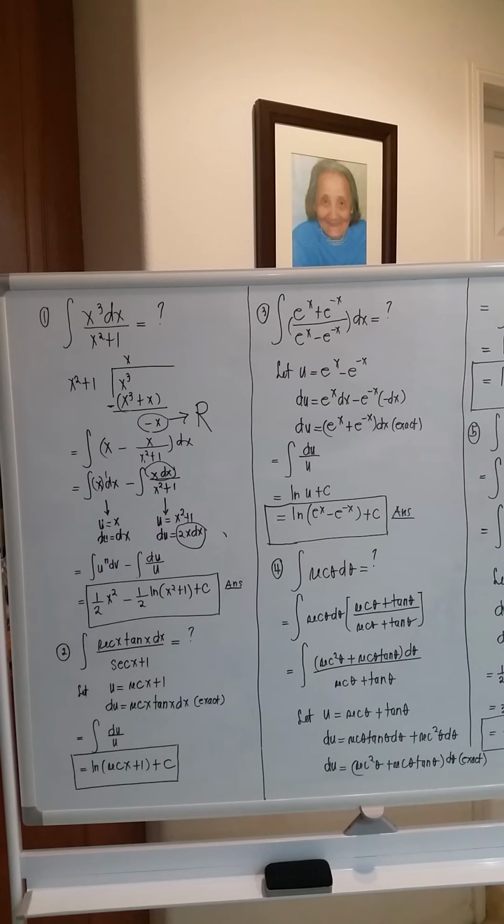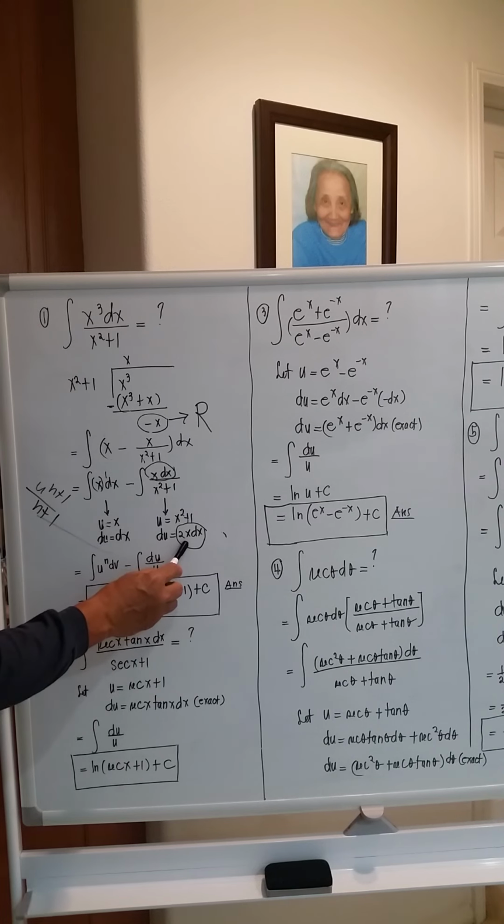For the first one, this should be u raised to n plus 1 over n plus 1. So this will now be x raised to 1 plus 1 over 2, or simply 1/2 of x squared. The second one, we insert 1/2 outside because there is a 2 here from the verification.